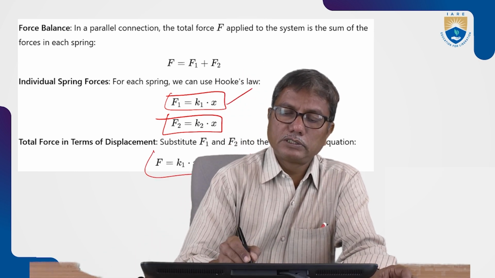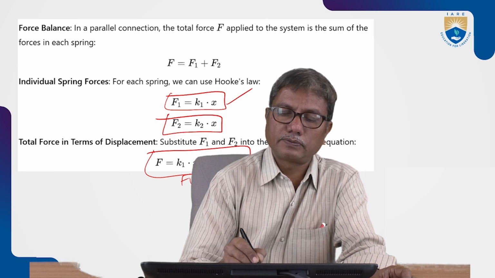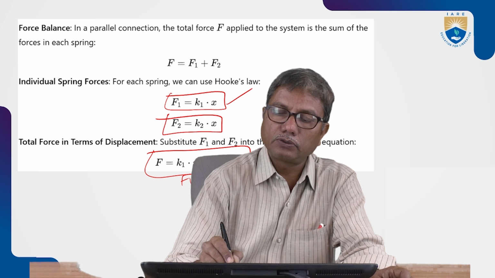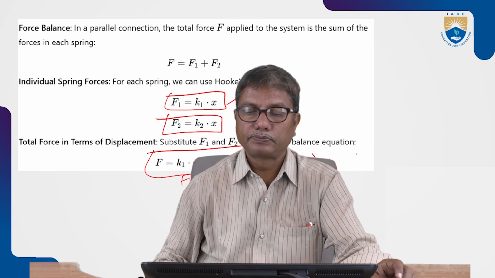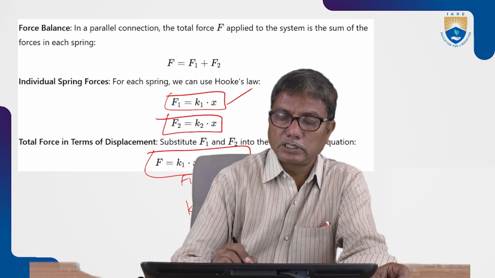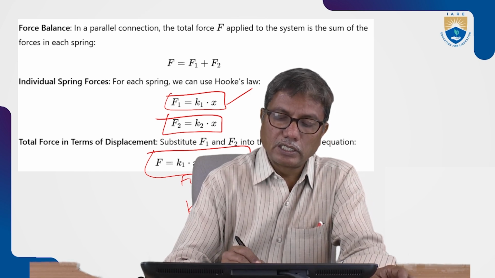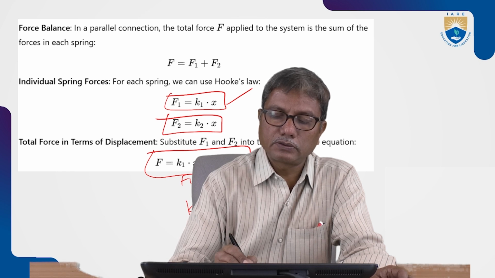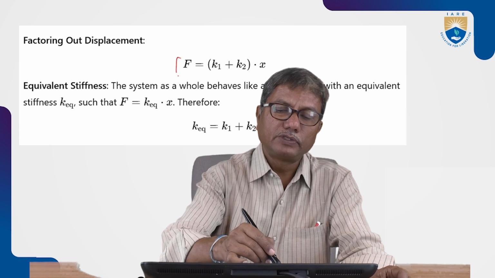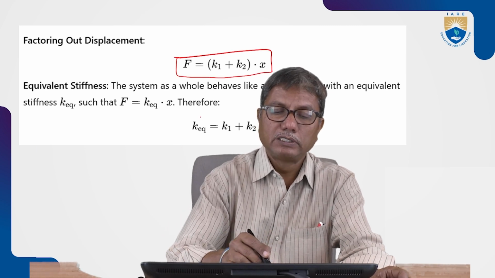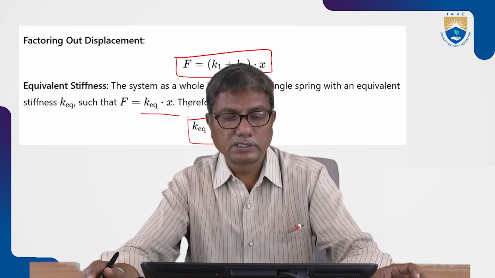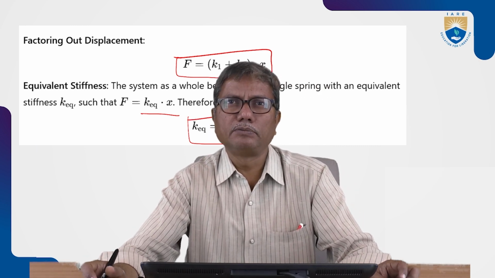And we know that F equal to F1 plus F2. That is K1X plus K2X, or K1 plus K2 into X. Now, if K effective is the equivalent stiffness, then K effective into X equal to F. So F is equal to K1 plus K2 into X. Now, K equivalent is the equivalent stiffness of the single spring which can replace the assembly of springs.